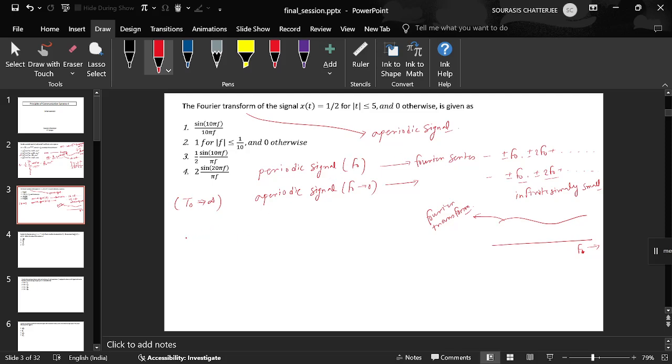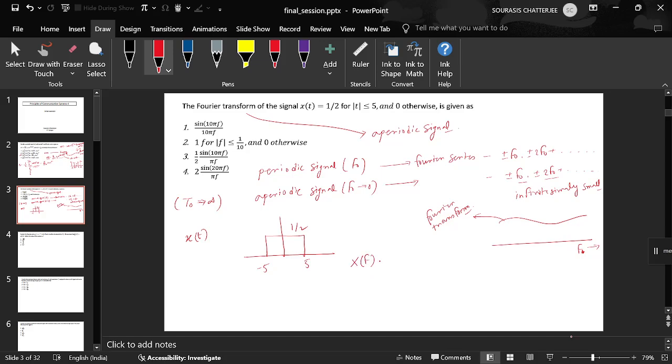So the question given in the slide is as follows. If I'd like to draw it, it's like this. It has a finite width, from minus 5 to 5, and a height of half. So we have seen the expression multiple times, but let's just do a brief calculation here.